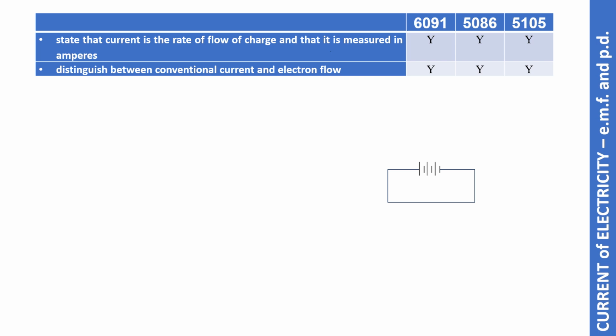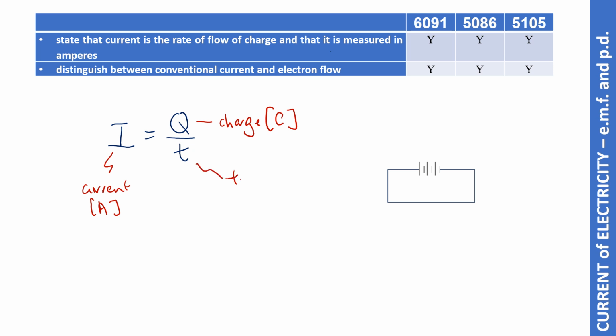Electric current is defined as the rate of flow of electric charge and is measured in amperes. So the formula is I is equal to Q over T, where I stands for the current in amperes, and Q is charge, electric charge in coulombs, uppercase C, and T is time in seconds.